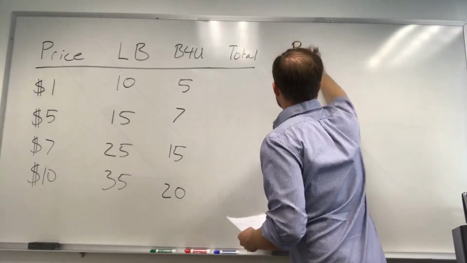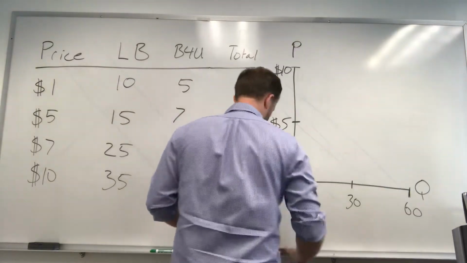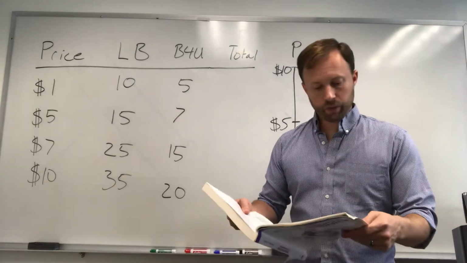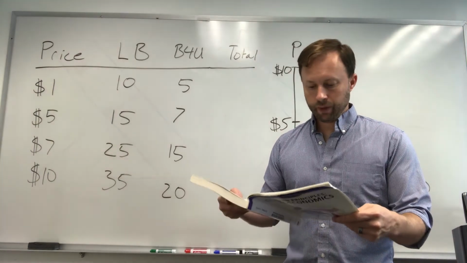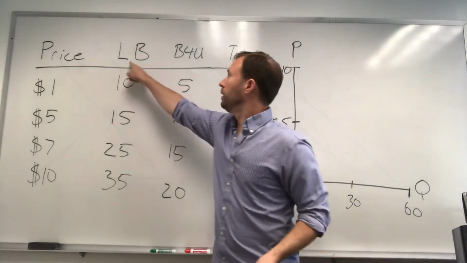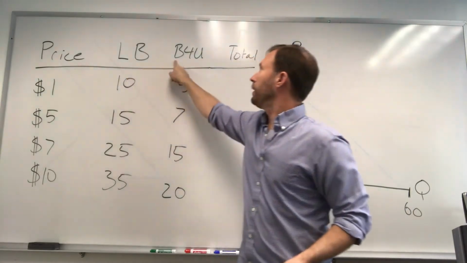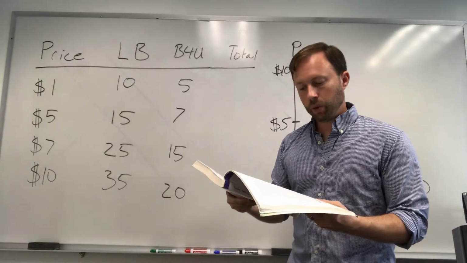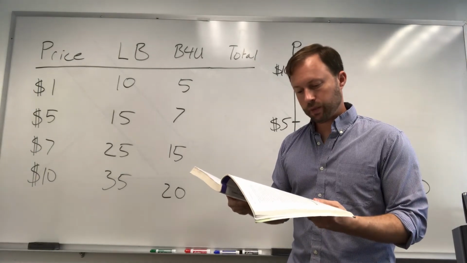All right, here's the wording for problem 3 in thinking and problem solving. Suppose Light Bright and Bulbs for U, which I am shortening here to LB for Light Bright and B for U, for Bulbs for U. Suppose there are the only 2 suppliers of light bulbs in Springfield.